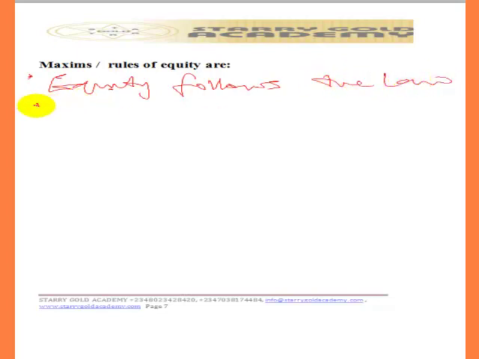Then we have number 2: delay defeats equity. Then we have number 3: equity is equality.